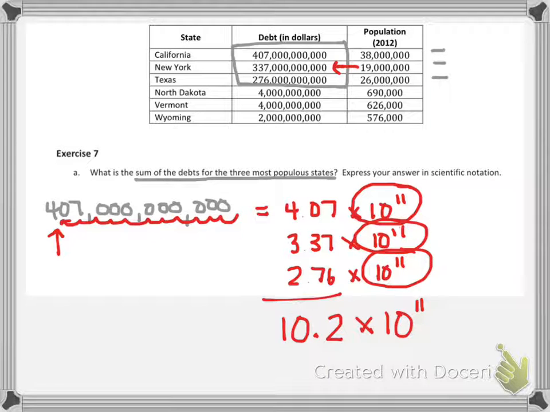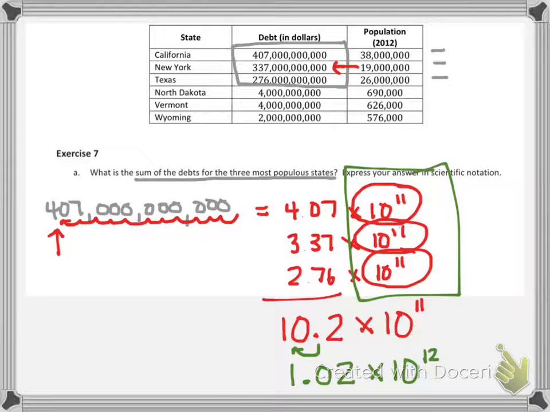Notice we're not in scientific notation, because my decimal is not in the right spot, so I need to move this 1 over. So this now becomes 1.02 times 10 to the 12th, since I moved one more place. So the total debt for those three most populous states is 1.02 times 10 to the 12th. The important thing is that all of these powers have to be the same base, same exponent.